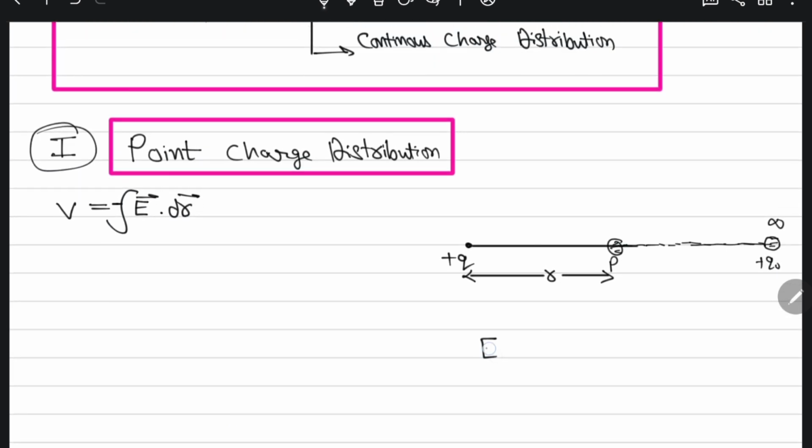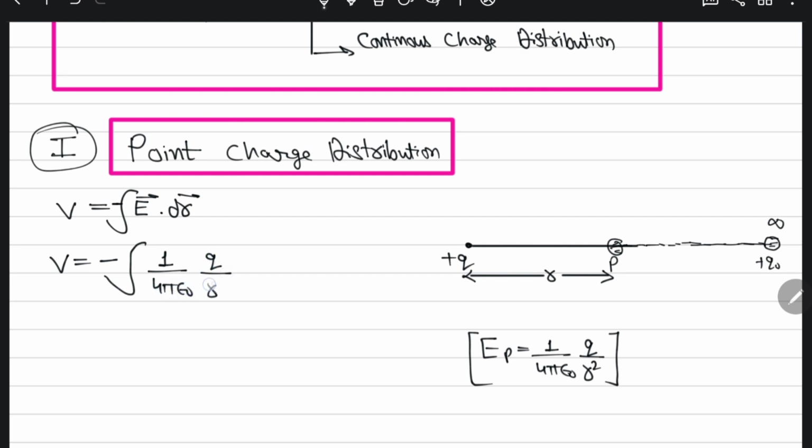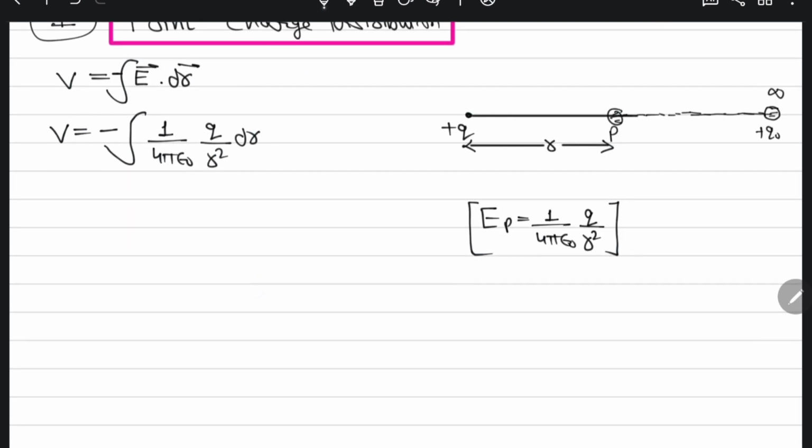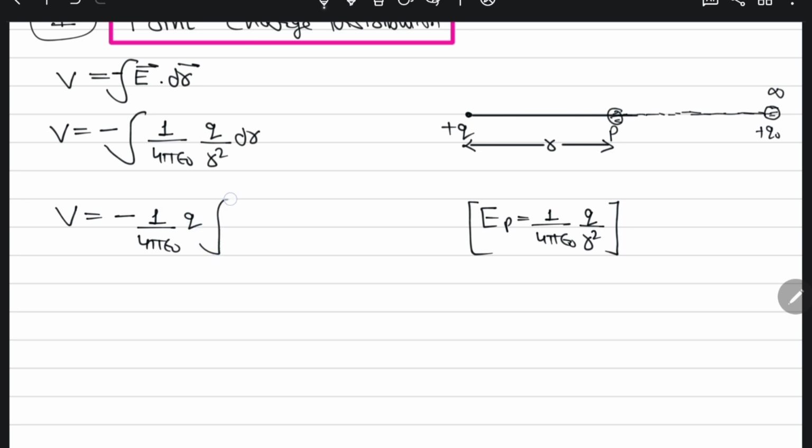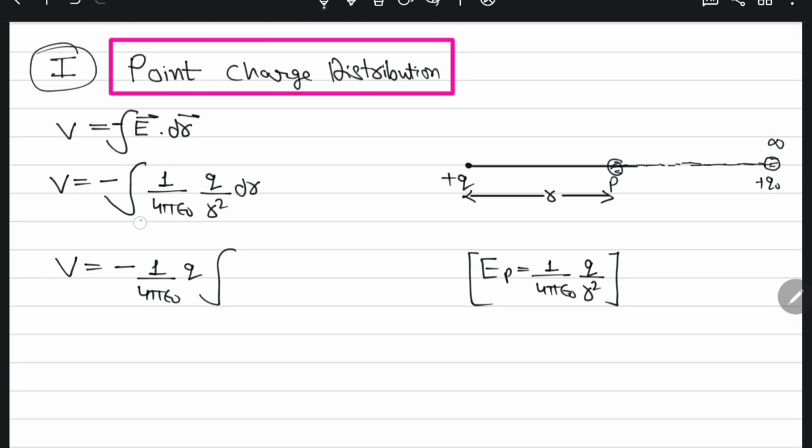And we know that the electric field at point P due to this point charge is 1 upon 4 pi epsilon naught Q by r square, right? So I can write here 1 upon 4 pi epsilon naught Q by r square dr. So 1 upon 4 pi epsilon naught Q integral, from infinity to some point P where we have to find the electric potential, at distance r.